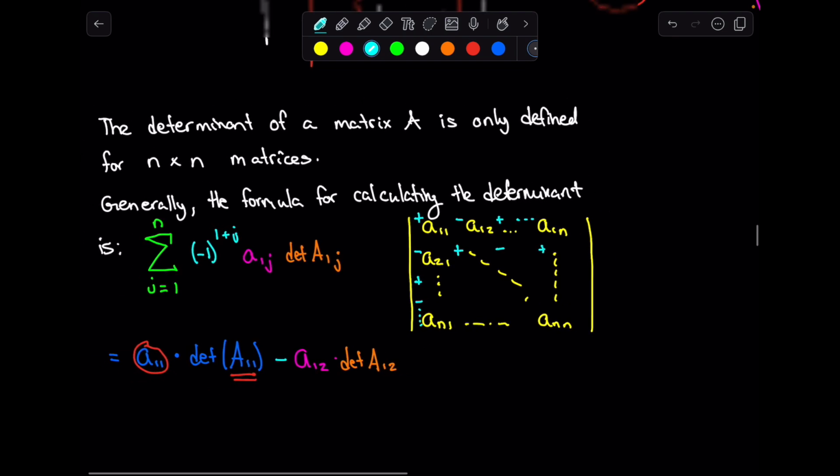That's how you can remember that if we're expanding along the first row, the first term is positive, the next one is negative, and so on and so forth.